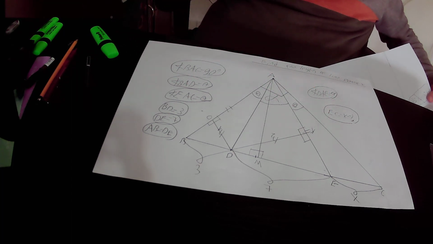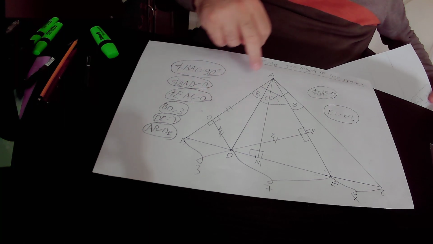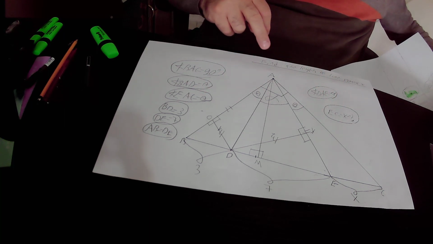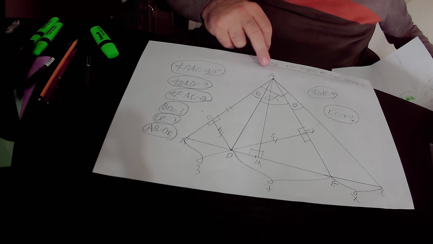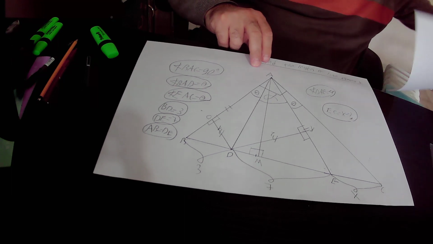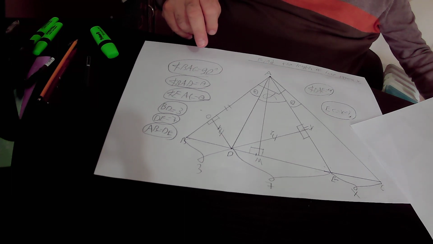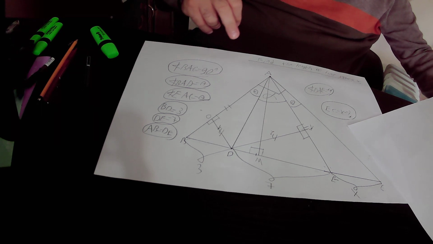Triangle BAE is an isosceles triangle because AB is equal to AE. It is given in the question that AB is equal to AE.